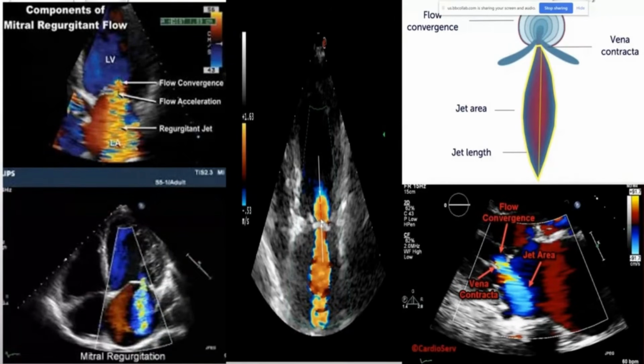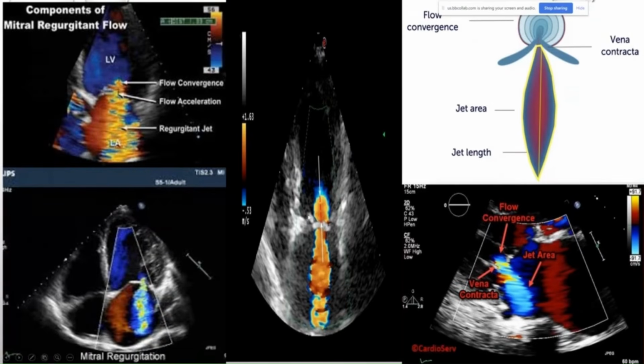It's not quite circular, but the math behind PISA assumes that the flow is. The PISA, you're going to be measuring from here to here, but you're going to want to zoom in. That's something you need to remember. So it'll look like this, but the person zooms in, and then we measure the PISA.